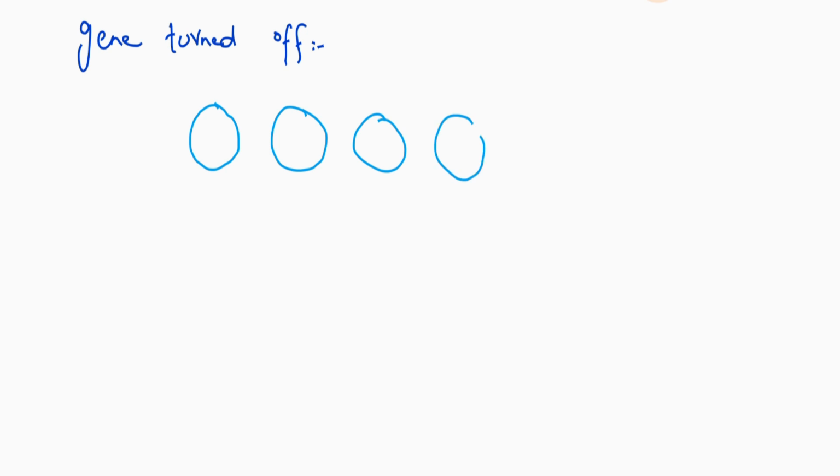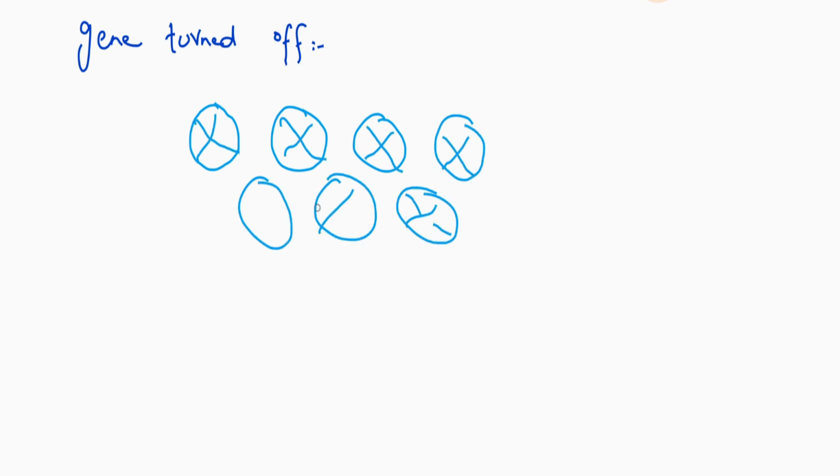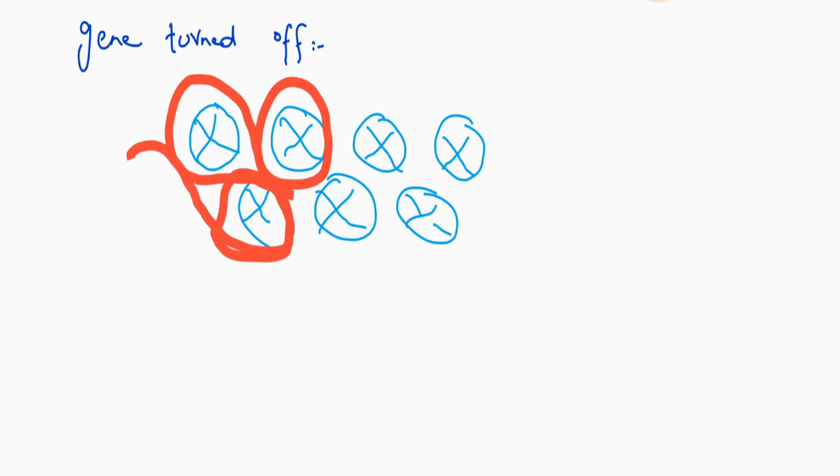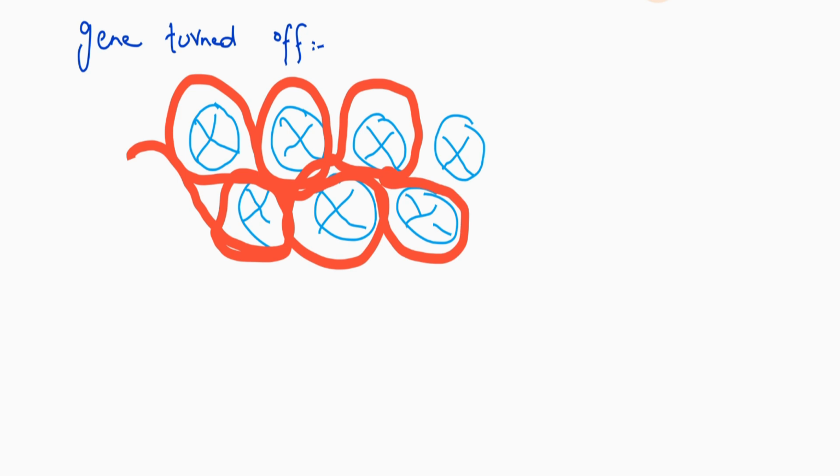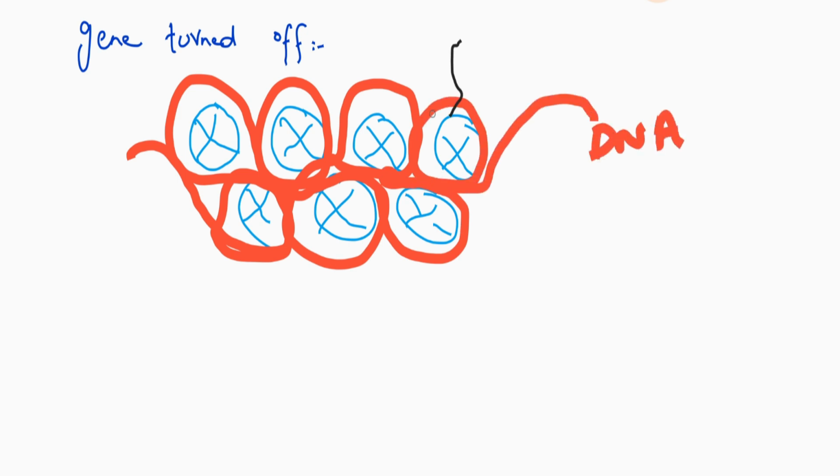If a gene remains turned off, in this case, these are histone proteins and the DNA. This is the structure of DNA. These are the tails of histone protein.